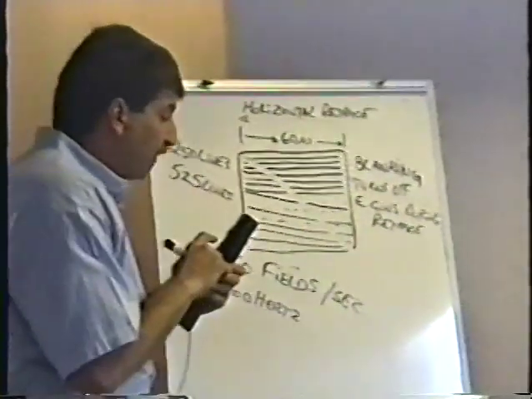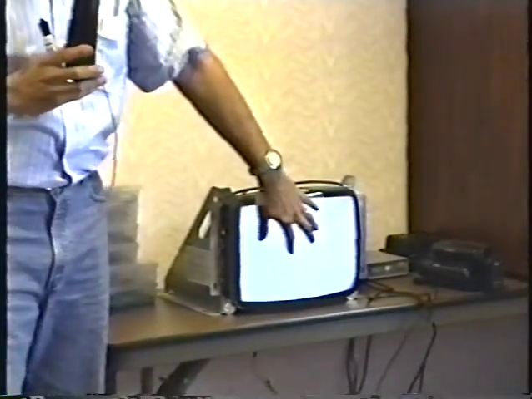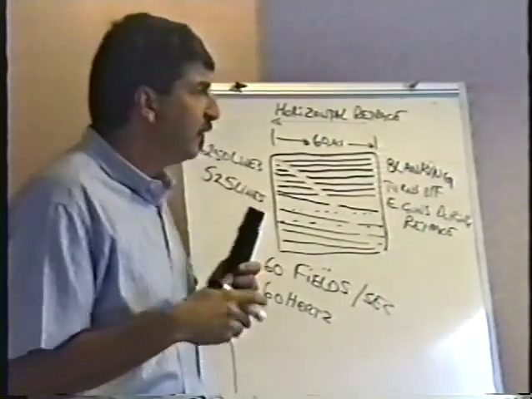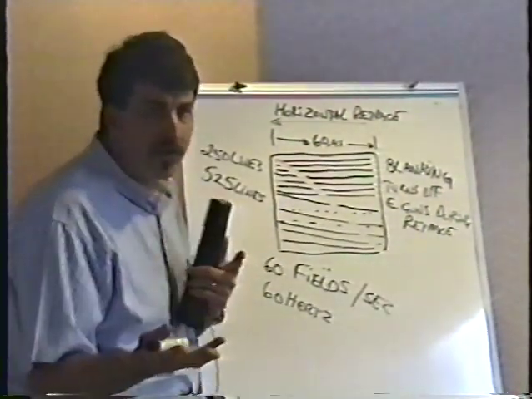Now, this monitor is fully capable of displaying a regular 525-line picture. Your regular video game monitor is perfectly capable of displaying a 525-line picture. But the computer isn't putting it out. And the reason the computer isn't putting it out is presumably because it would take more computing power to do that.